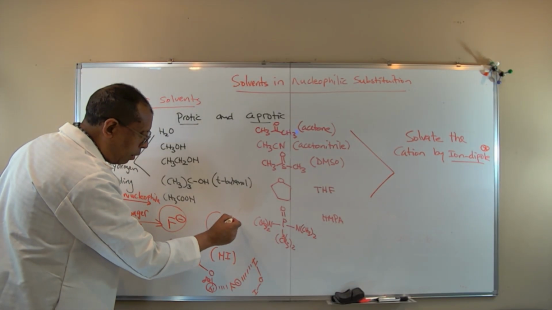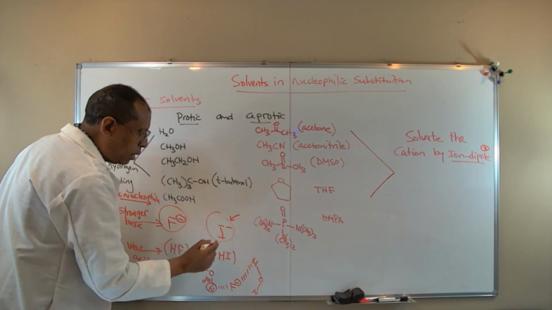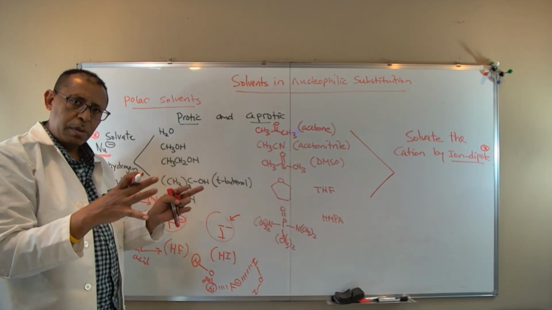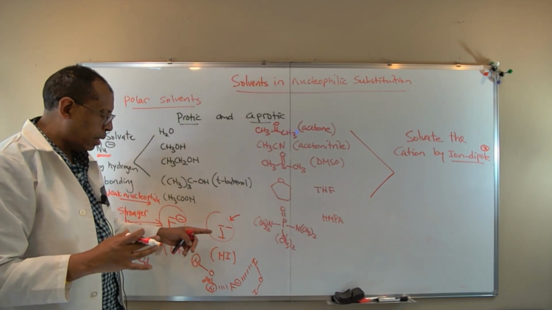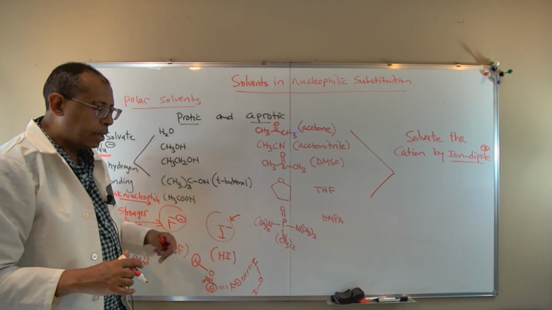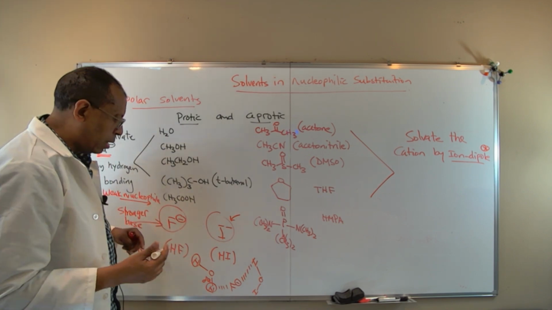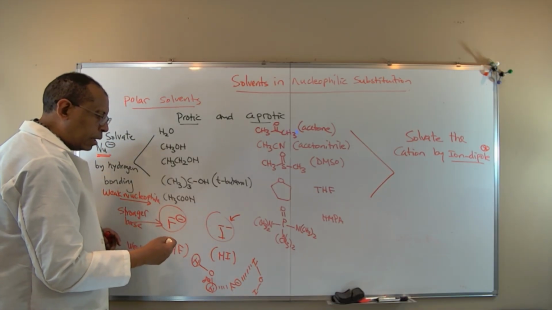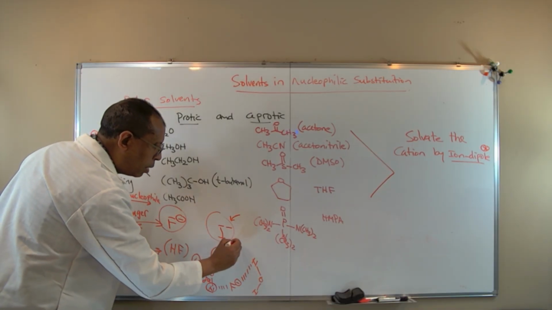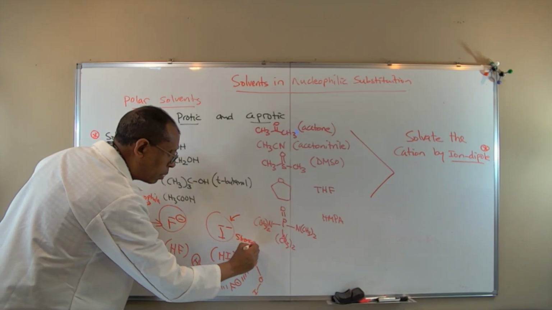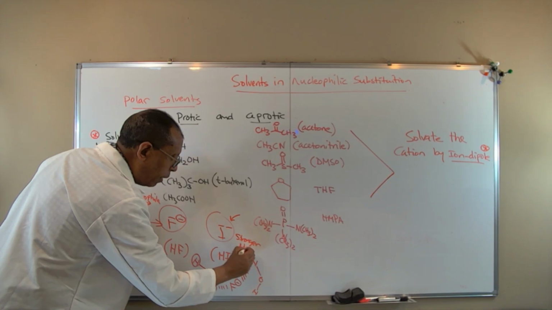In this case, iodine is very large in size, so the solvation is not as strong as with fluoride. Fluoride is smaller. The iodide is less solvated, and it's also making less hydrogen bonding. That means it becomes a stronger nucleophile.